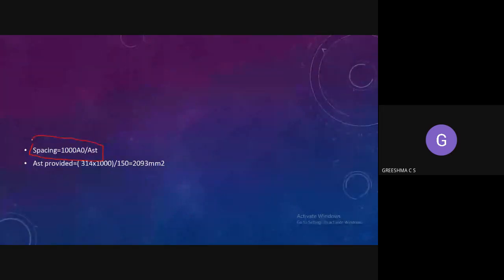This is the equation we are using. You can rearrange it: AST is equal to 1000 times area divided by spacing. So 1000 into area of the bar, that is 314, divided by spacing. The spacing we have provided is 150. If you substitute, you will get 2093 mm square.